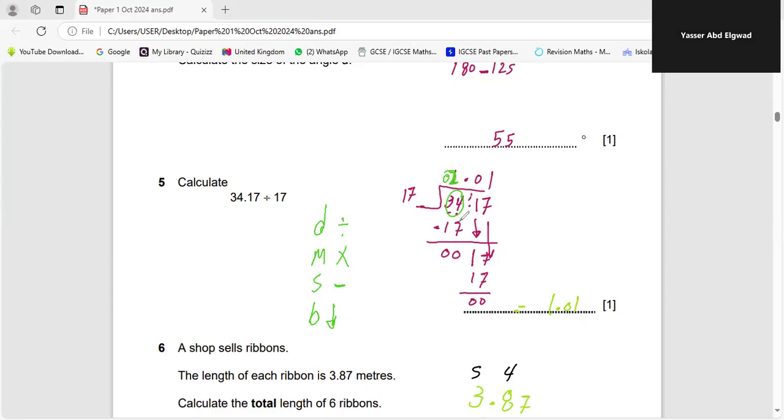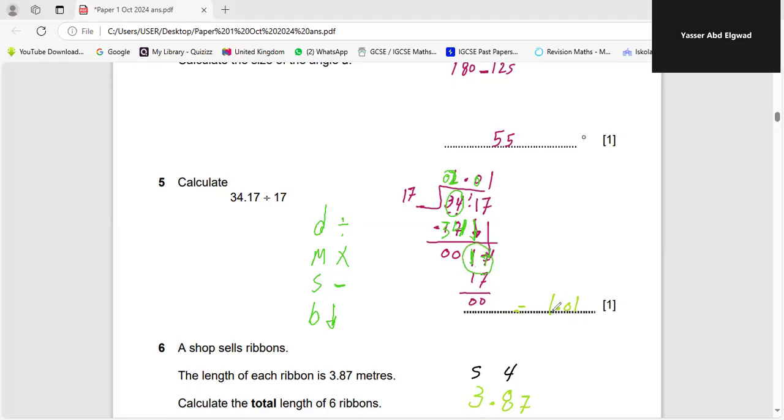2 multiplied by 17 is gonna be 34. When you subtract, you get 0. And you bring down just 1 digit, not 2 digits. If you bring down 1 divided by 17, we can put 0. After that, bring down another digit, 17 divided by 17, you get 1.